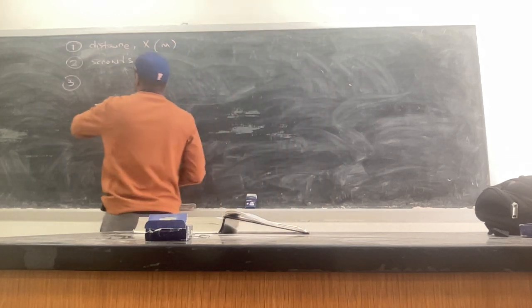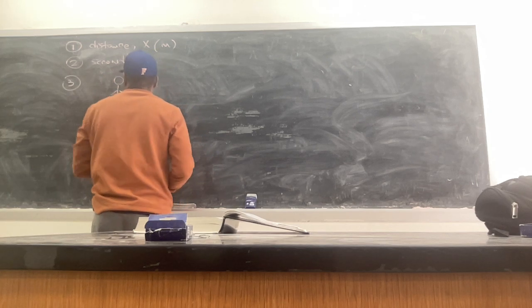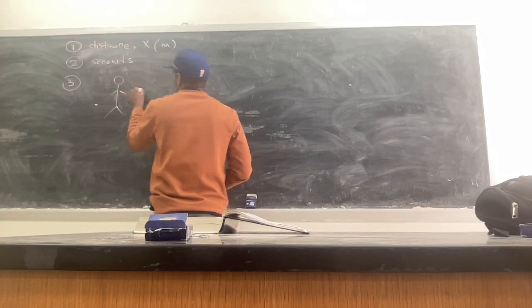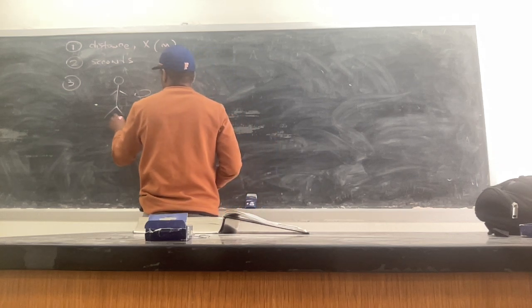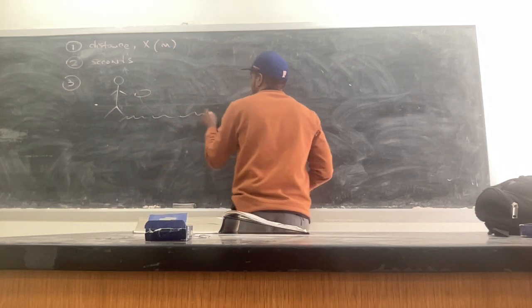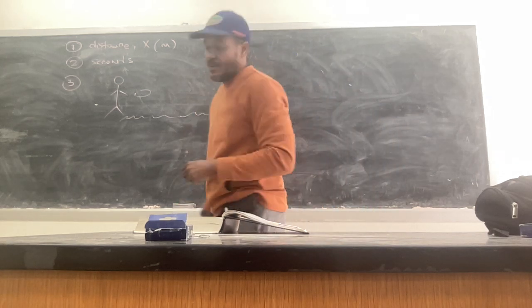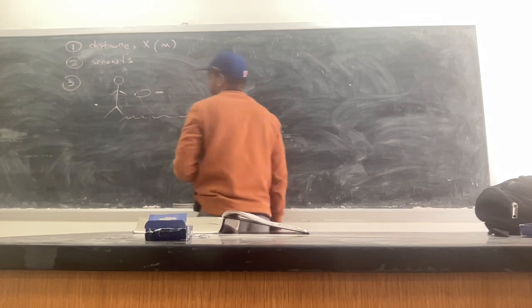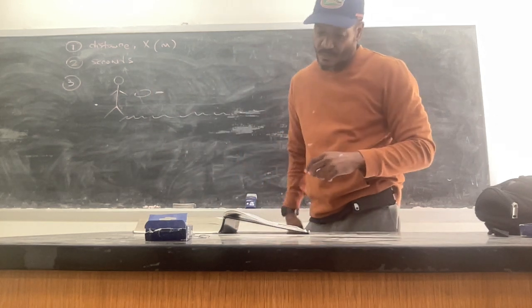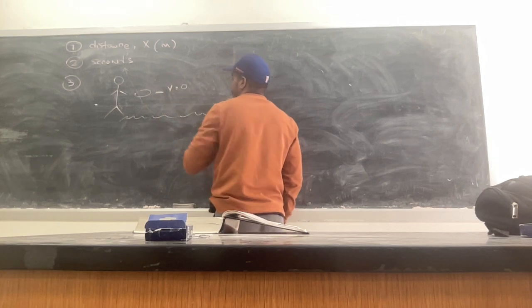And then third, we're going to talk about a diagram. So we've got a little stick guy, and he's going to kick the football from here. And here's the ground. They said he's kicking the football from here, and so we take this to be y equals 0.